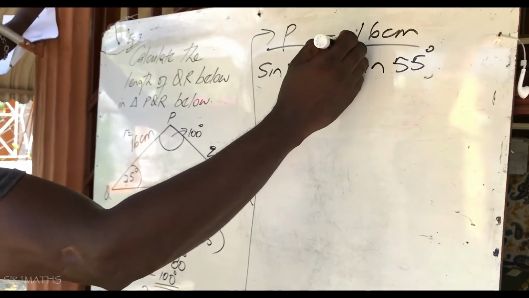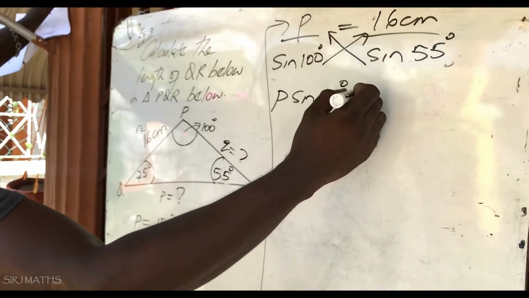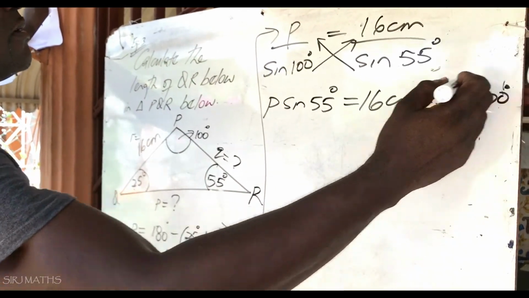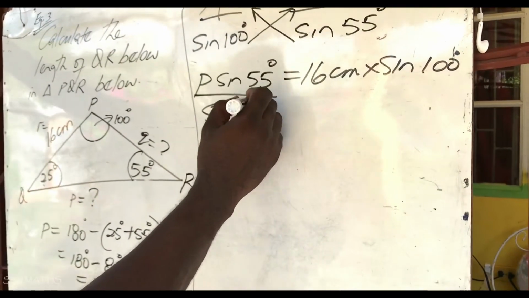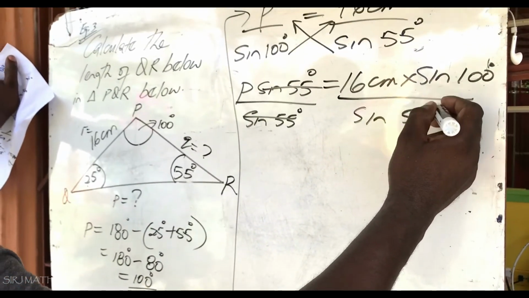Again, we cross multiply. That's p times the sine of 55 degrees equals 16 centimeters times the sine of 100 degrees. So we divide this by the sine of 55 degrees. We divide also over here by the sine of 55 degrees.